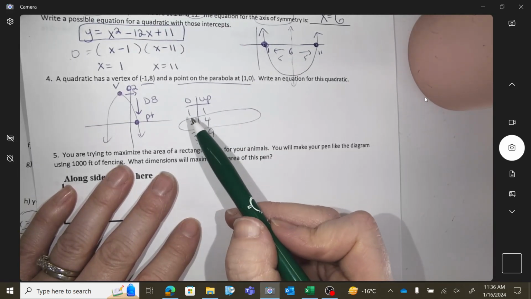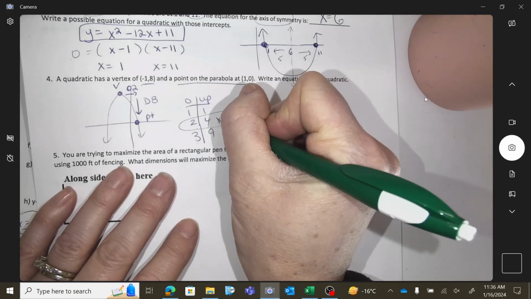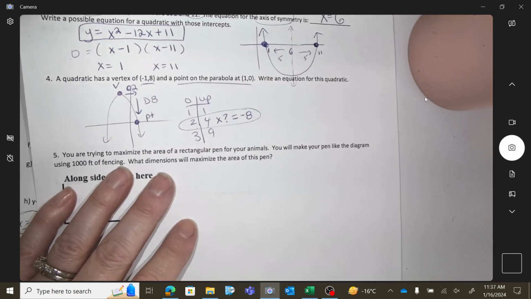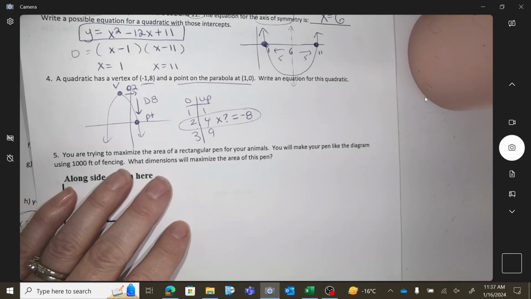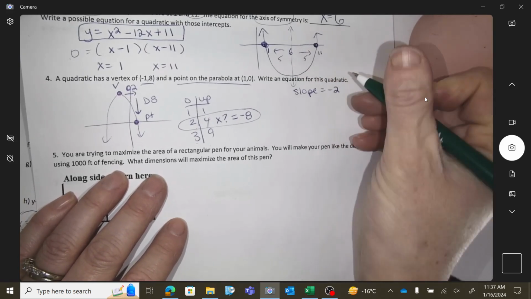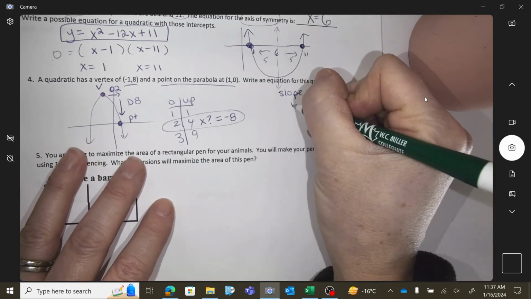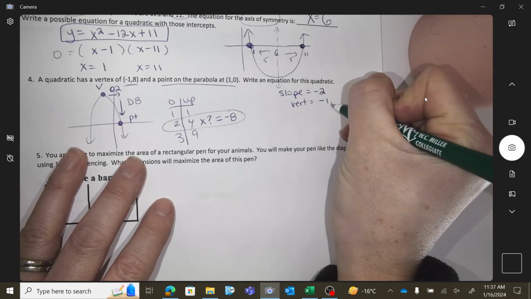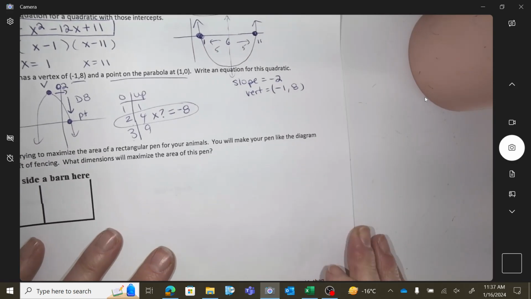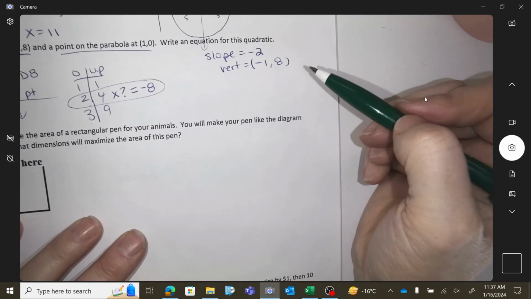So according to the pattern, if you go over 2, you should go up 4. So what did we times by? Because they ended up going down 8. So what's my timesor in this situation? Slope, -2. So I know my slope, I know my vertex.